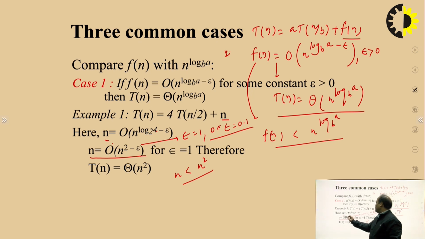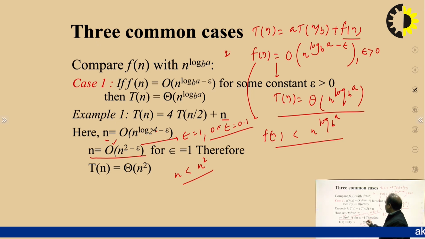Big O in general stands for equality also, but it is clear that n to the power 1 is always less than something over here. So that means this is the case of master method 1. So the solution is very easy. T(n) will be whatever is written over here, we just remove the epsilon. So this case 1 is very, very clear.